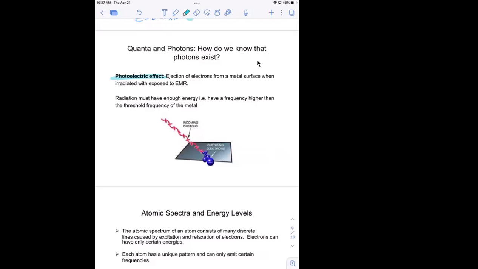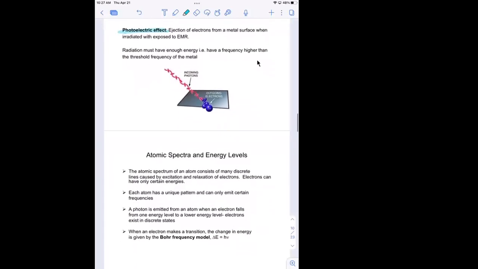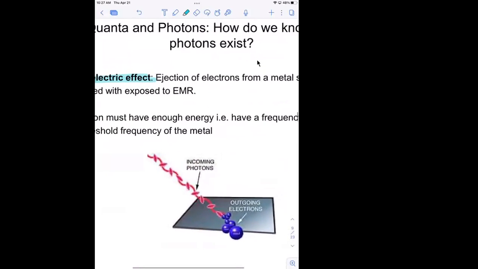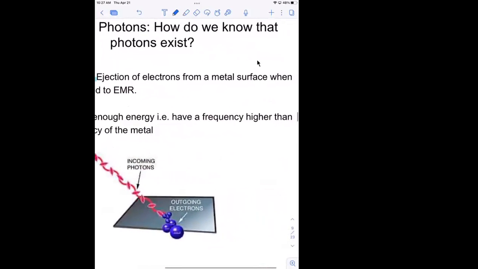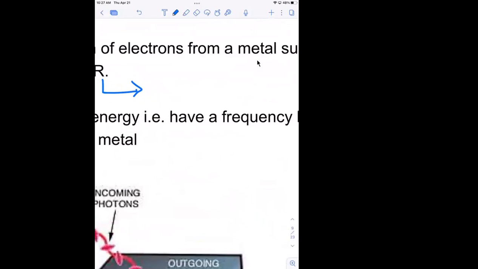And this brings up another point, because when we think about the photoelectric effect and moving electrons from a metal, the thing to remember, which we're going to talk about in a second, is that these are always going to be your outer shell electrons.